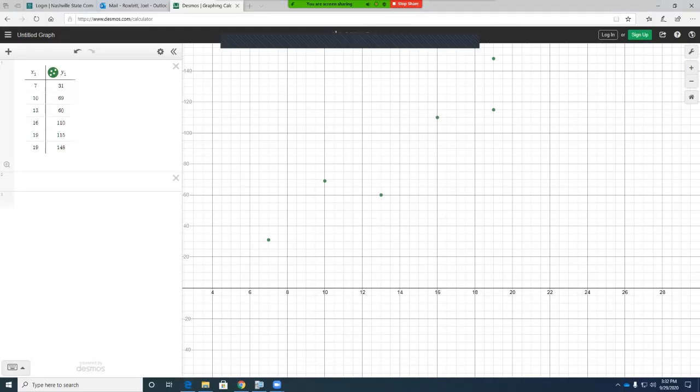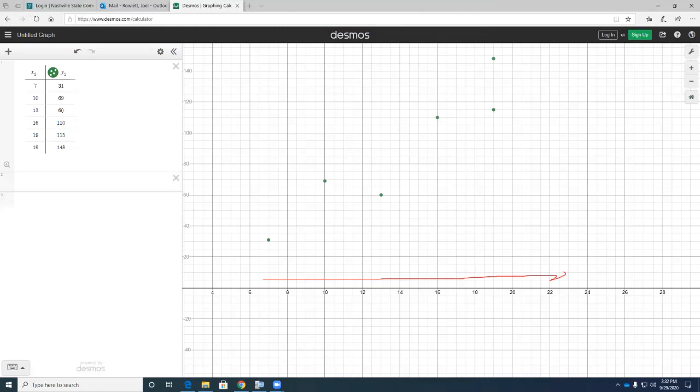Now, if you look at these points, and again, the X value represents a person's age, and the Y value tells you how far they threw the baseball in yards, I can see here that I have a positive correlation, because it looks to me like as the age goes up, the distance the person throws the ball goes up, right?